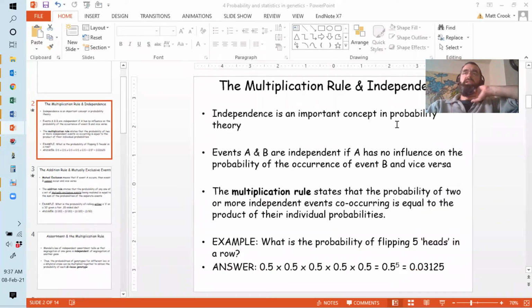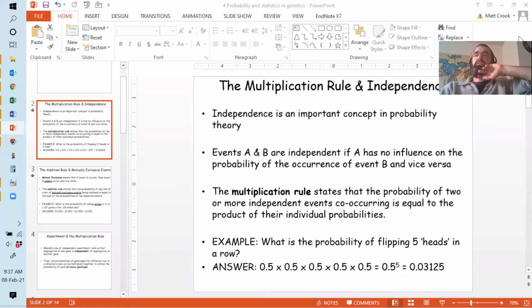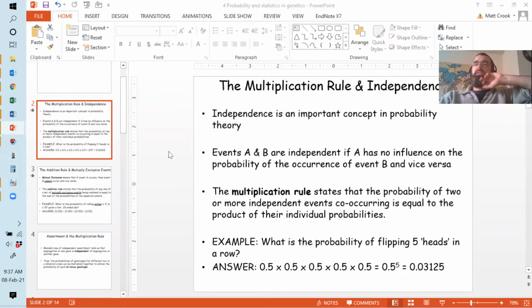Okay, so essentially, if you have events which are independent, these are things where the outcome of the first event does not affect the outcome of the second or the third or the fourth and so on. A classic one to think of is the sex of your children. The first one, you have a 1 in 2 chance of it being male, or half probability of either sex.